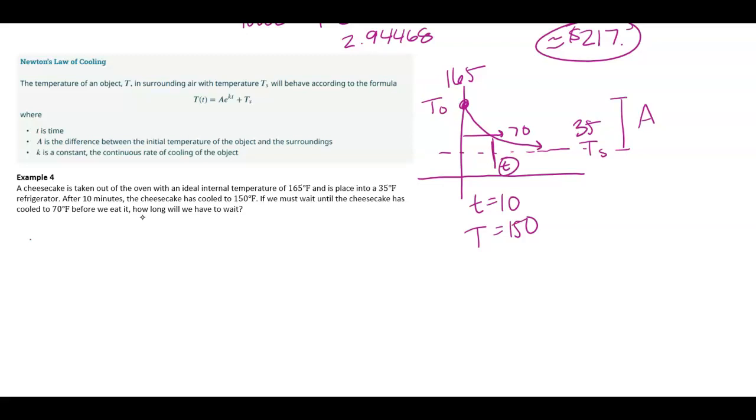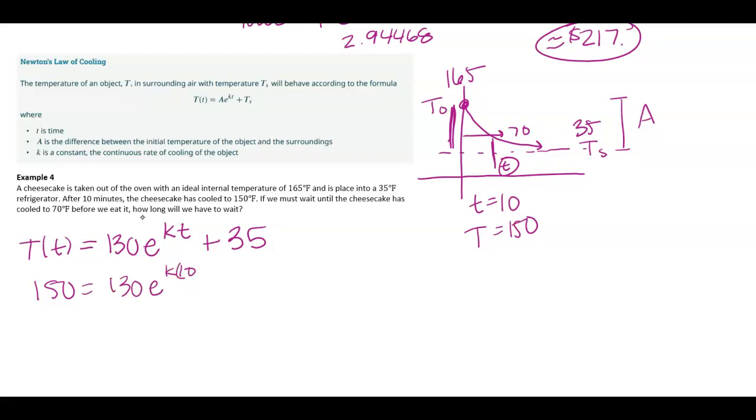Okay, so I am going to follow this formula. The distance between the two is 130. I don't know my constant rate at which this is cooling, but I do know my surrounding temperature in the refrigerator is 35. One of the things that I do know is at 10 minutes, the temperature is 150. I can then use this to solve for k.